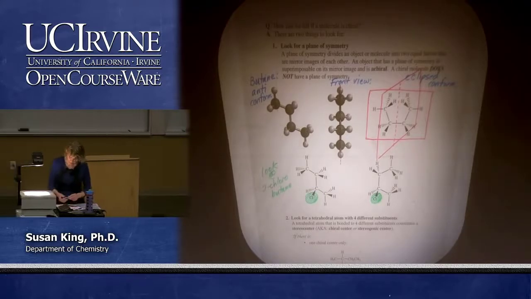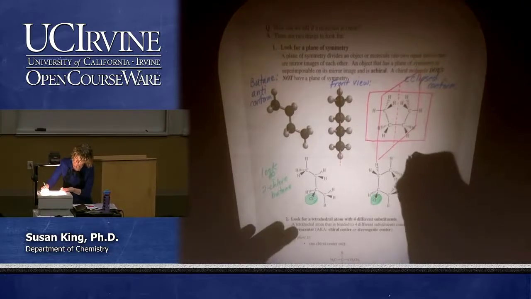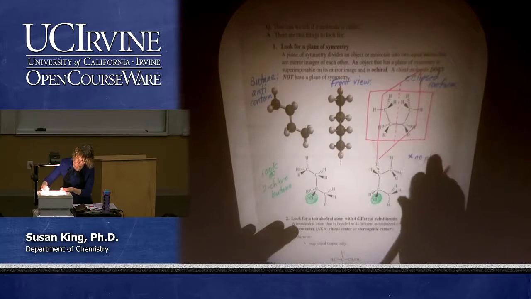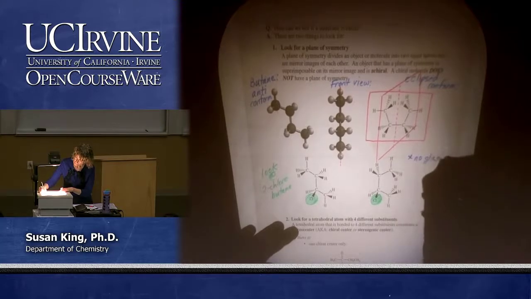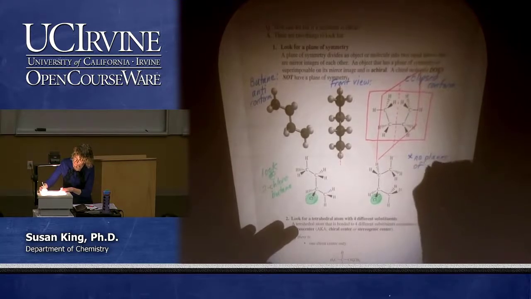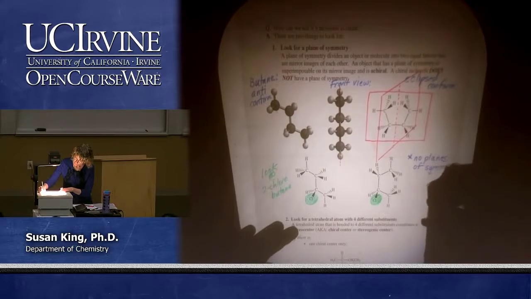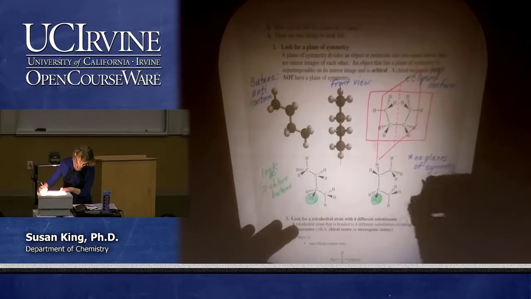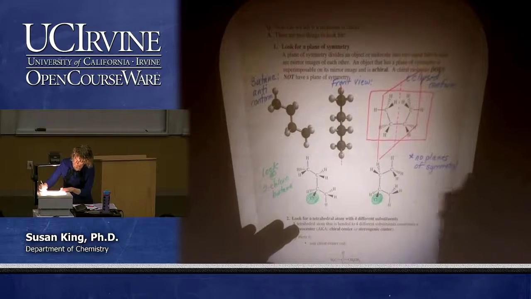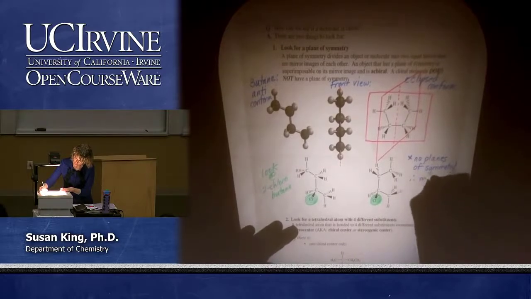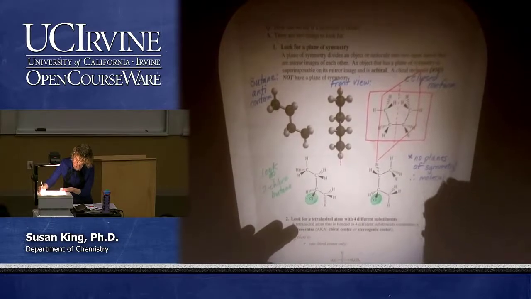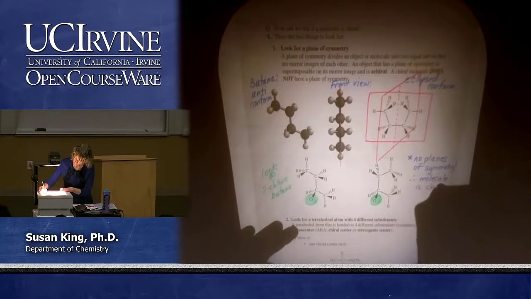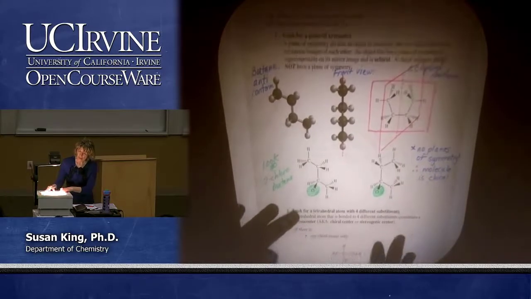So no planes of symmetry. Therefore, the molecule is chiral. So that's one way we can look for chirality.